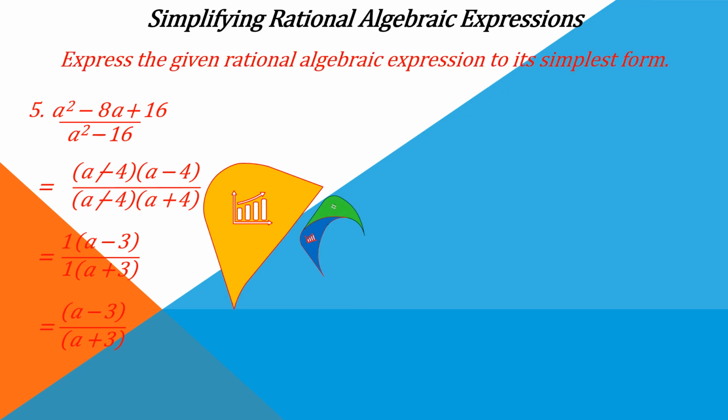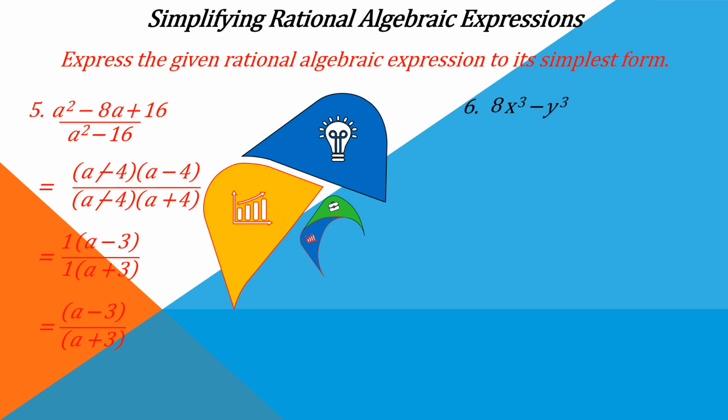Next, example number 6. We have 8x cubed minus y cubed divided by 4x squared minus y squared. If you will notice in this example, the numerator is a difference of two cubes and the denominator is a difference of two perfect squares.